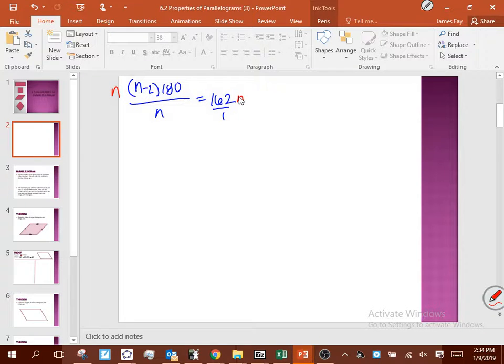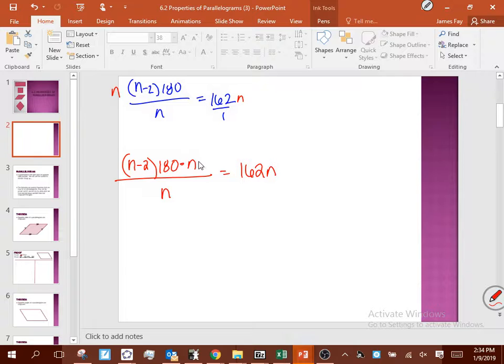I'll go through the extended version of this. You get n minus 2 times 180 times n, when I multiply that n through the top, all over n equals 162 times n. Now, the way I wrote it, didn't get rid of the n, right?